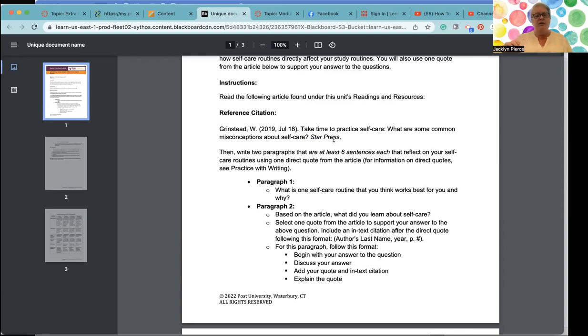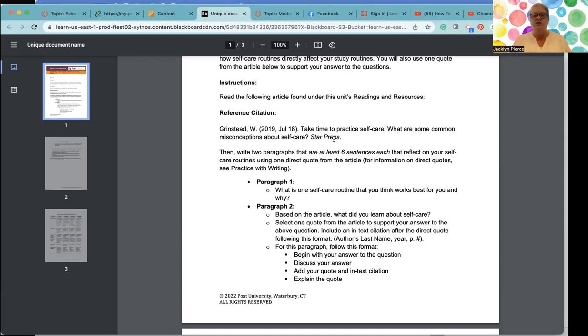What you really want to look for, though, is a well-developed paragraph is going to be about a half a page to 3/4 of a page once it is typed and double spaced, which all of your documents will be typed and double spaced. So we need to do 2. They need to be 6 sentences each that reflect on your self-care routines using 1 direct quote from the article.